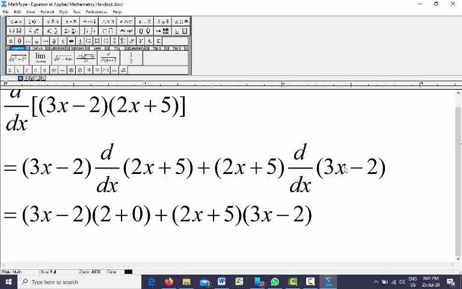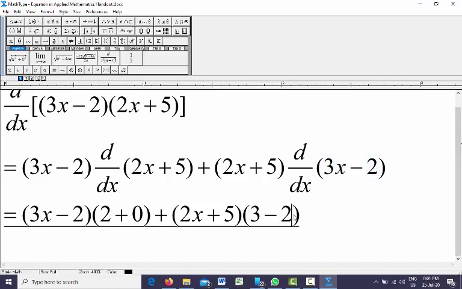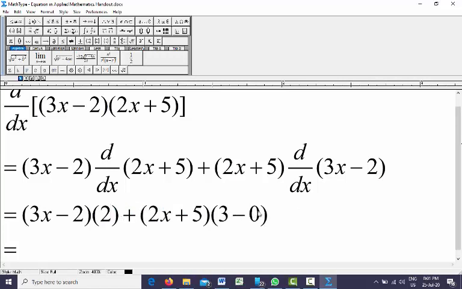If we do differentiation of this one, we will get only 3, and we do not have any variable with this one, so differentiation of it gives 0. Here the 0 you don't have to write, you can just ignore it.